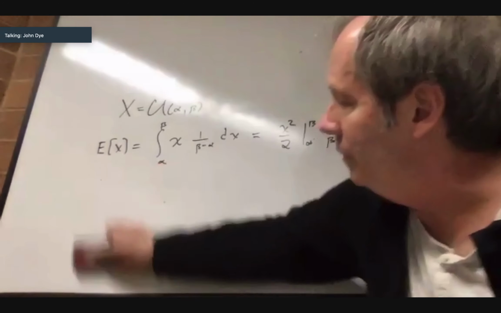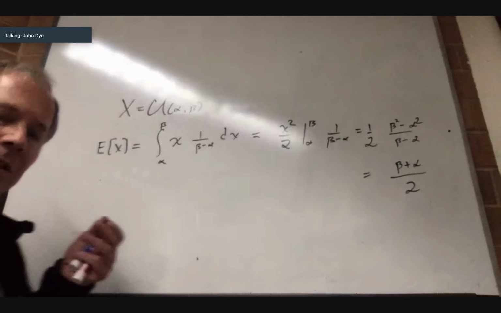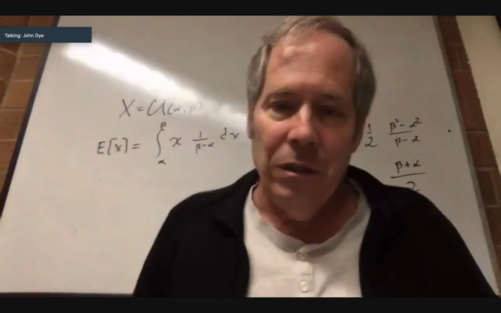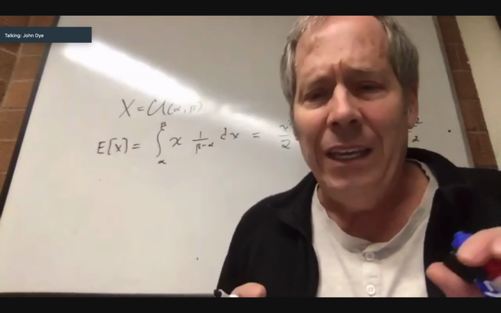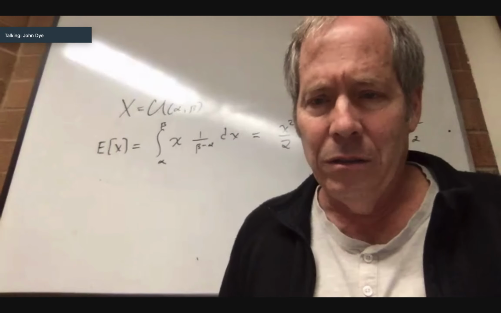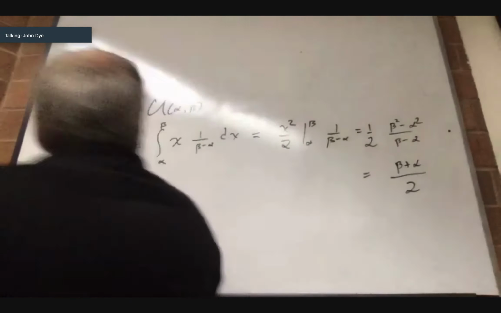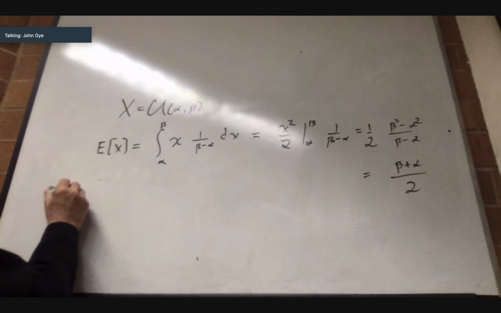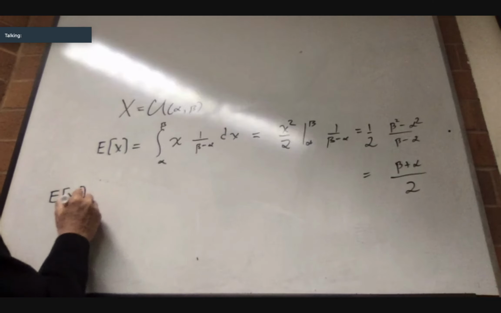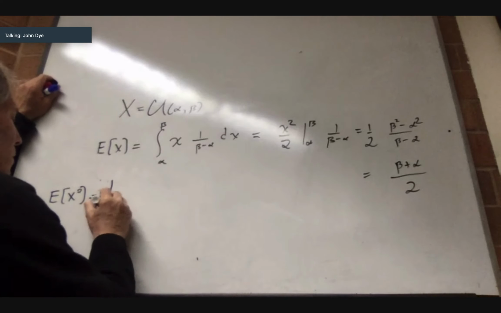So to get the variance, what do I need? The variance of these continuous random variables is the same formula: E of x squared minus the mean squared. So what we're missing here is E of x squared. Okay, so we've done this already.